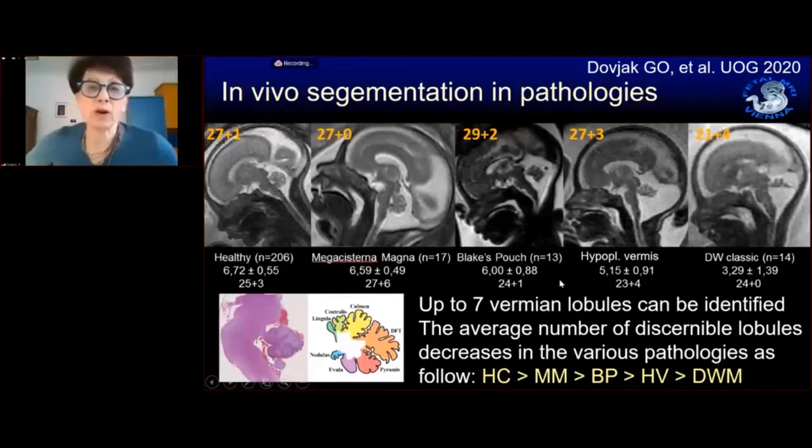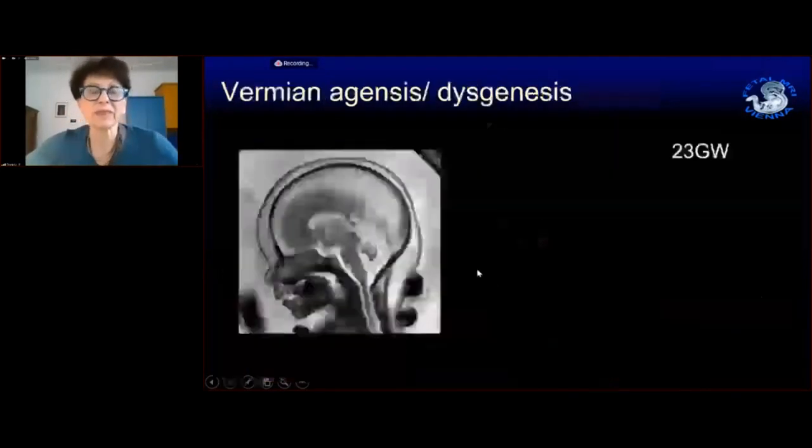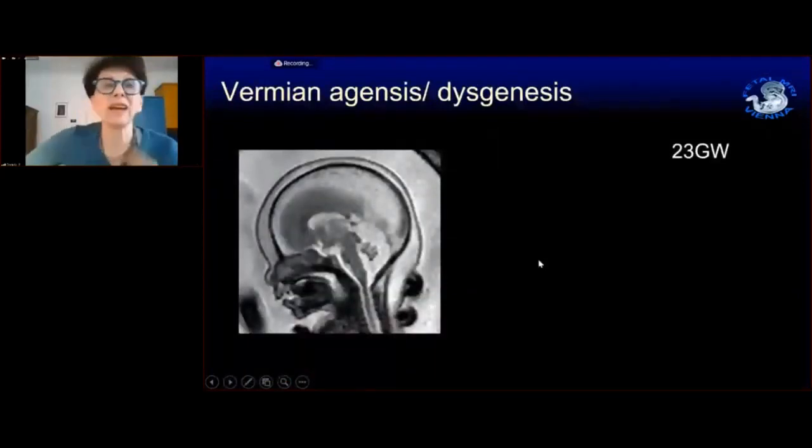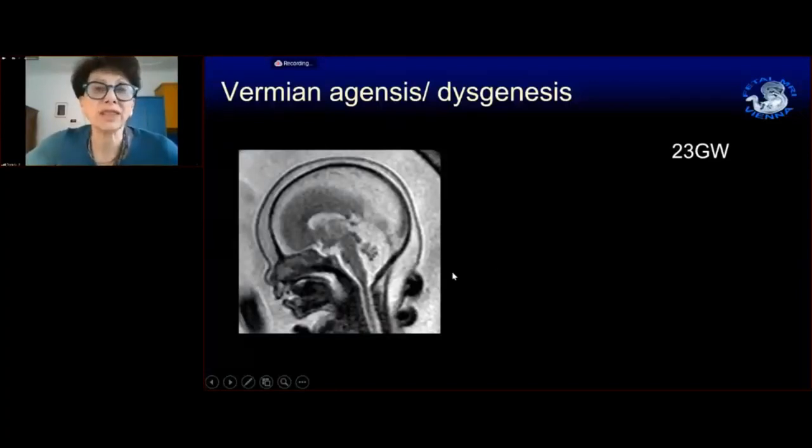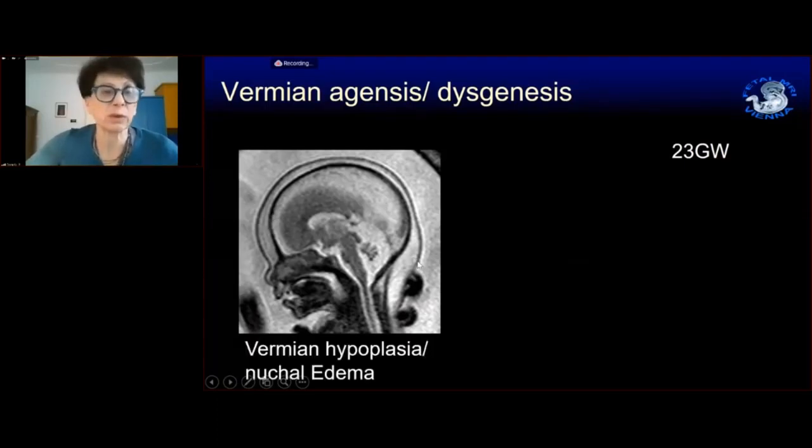If you have vermian agenesis or dysgenesis, you mostly think of malformations, but there are also other conditions leading to vermian dysgenesis. What do you see here? There is too much fluid around the head of this fetus in gestation week 23. So there is vermian hypoplasia, nuchal edema. There is also hepatomegaly and splenomegaly.